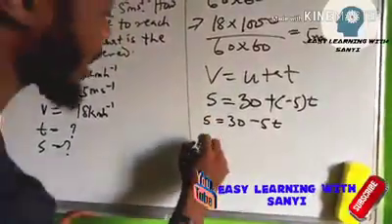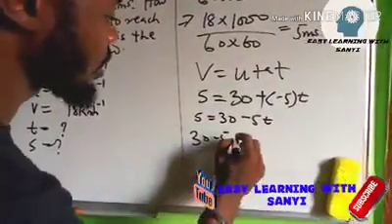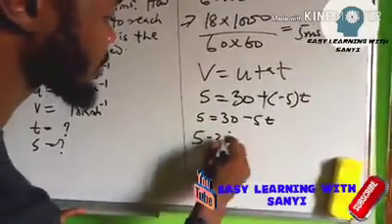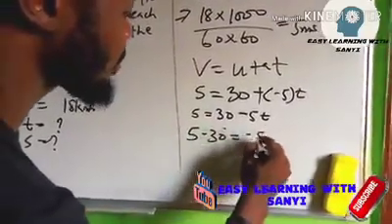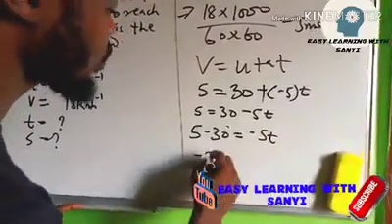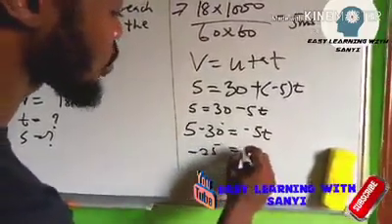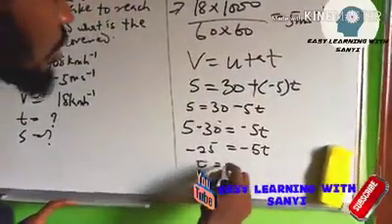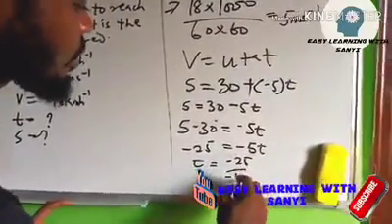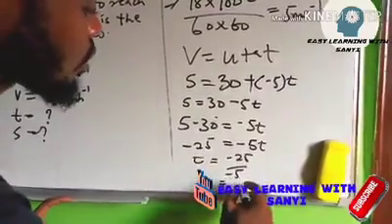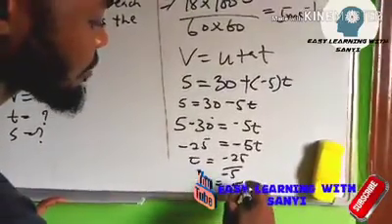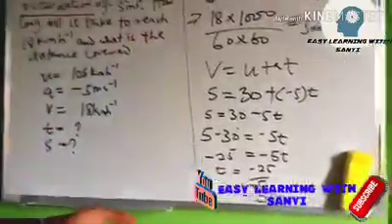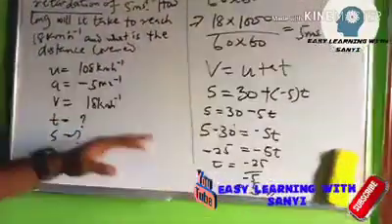That will give you 5 minus 30 is equals to minus 5t. This will now give you minus 25 is equals to minus 5t, and that will give you t equals minus 25 over minus 5, which is equals to positive 5 seconds. So the time it takes is 5 seconds.